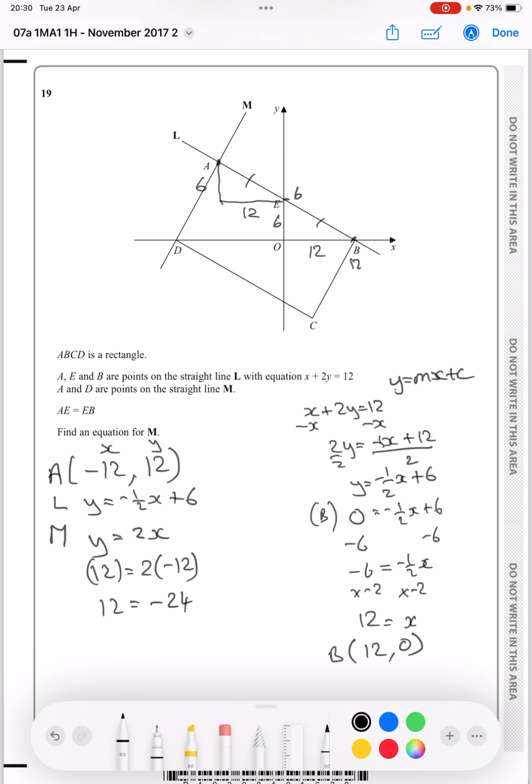What do I add on to minus 24 to get 12? Well, in fact, it's 36. And that 36 goes to here, plus 36. So the equation for M is y equals 2x plus 36.